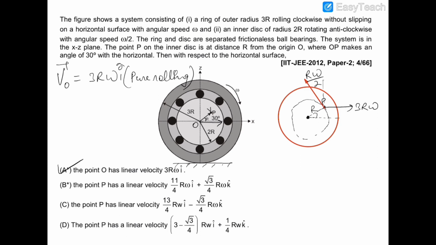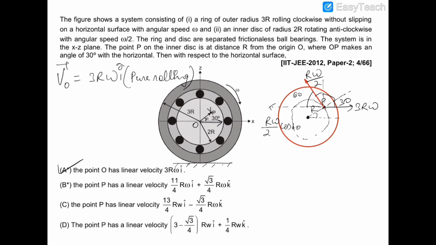Now you can see that this angle is 30 degree, so this is also 30, this is 60 and this is 30 and this is 60. So the component of r omega in the backward direction will be r omega by 2 cos 60, and in the upward direction would be r omega by 2 sin 60.